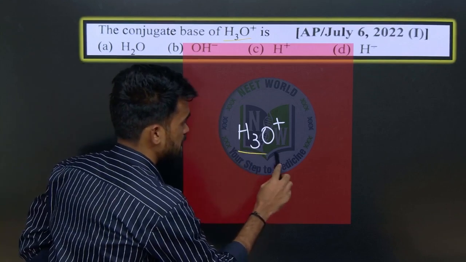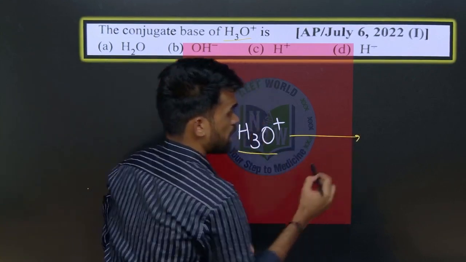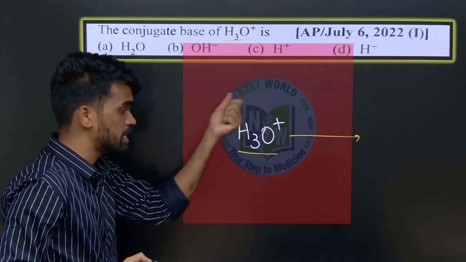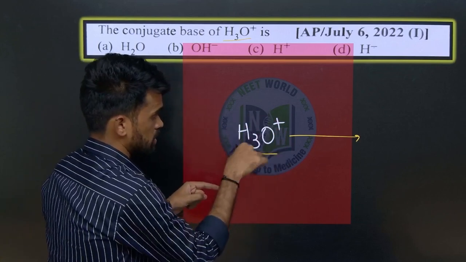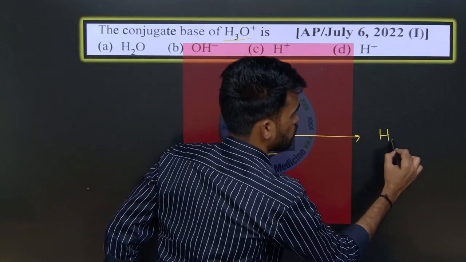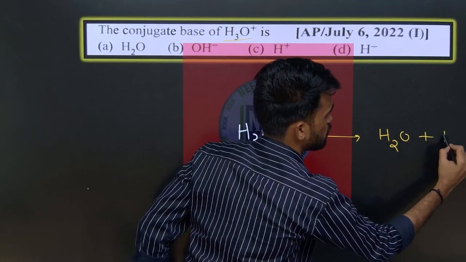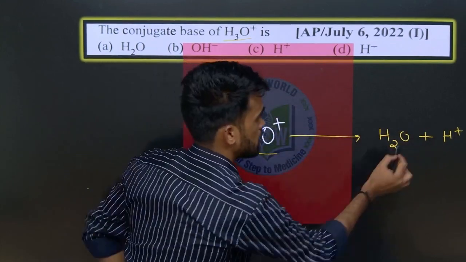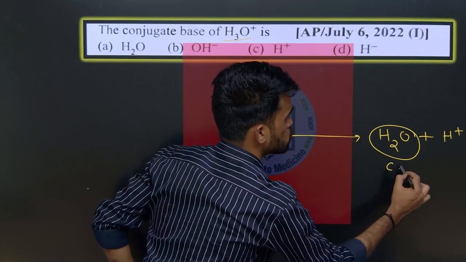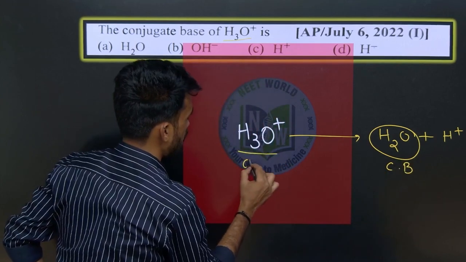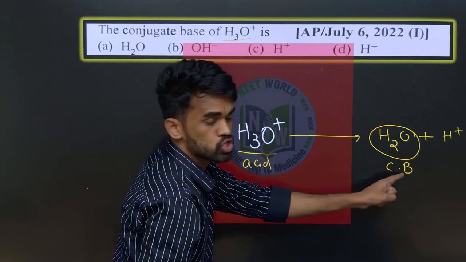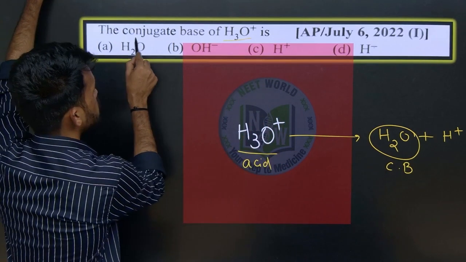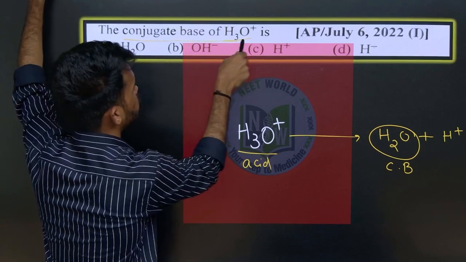If this is an acid, the base should always contain one proton less than the acid, right? So if this is the acid, the respective base will be this one. After releasing one H plus ion, the remaining part will be called the conjugate base. What is the conjugate base of H3O plus ion?